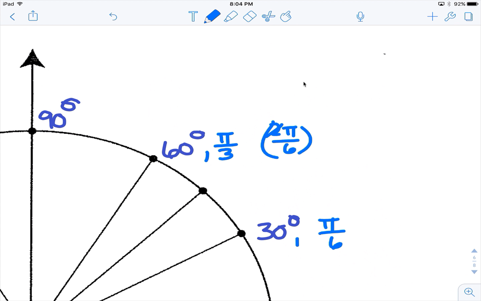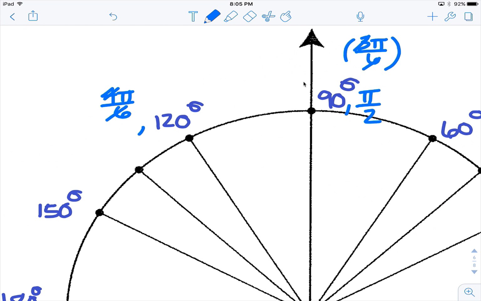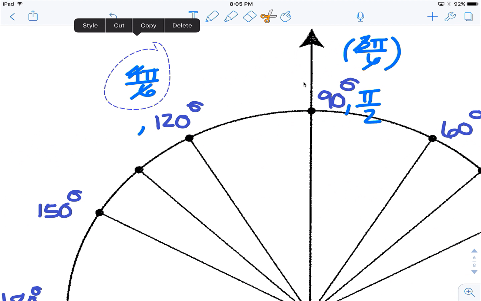Four pi over 6, which reduces to 2 pi over 3.